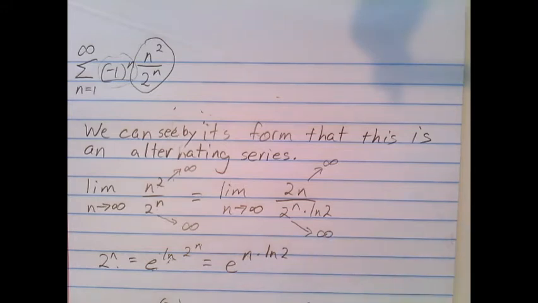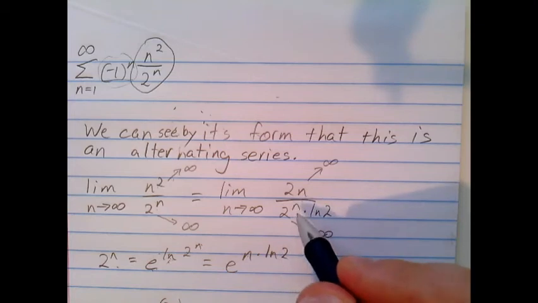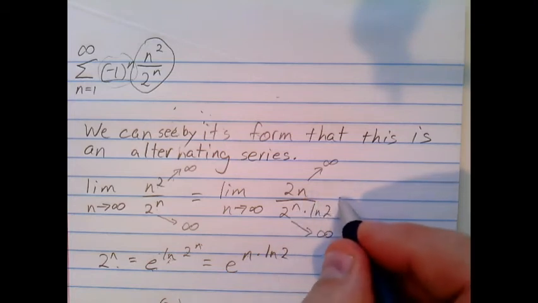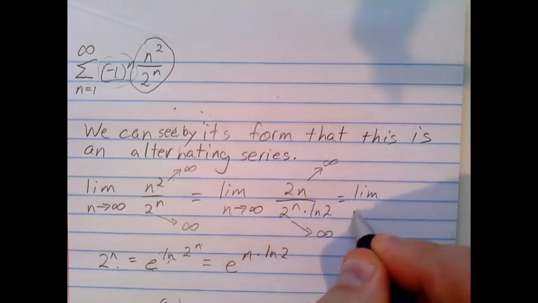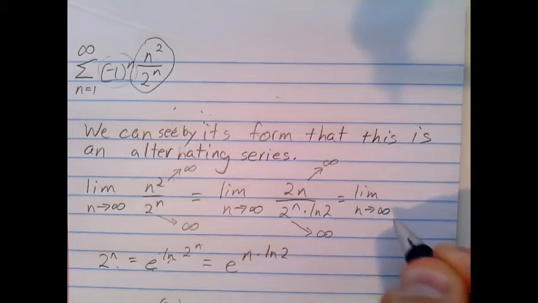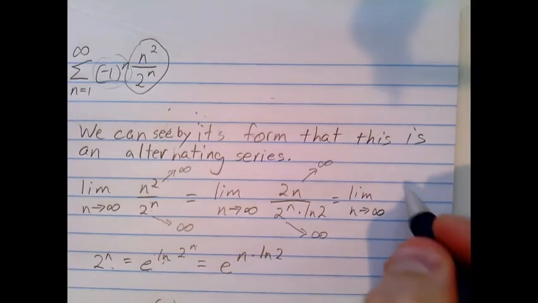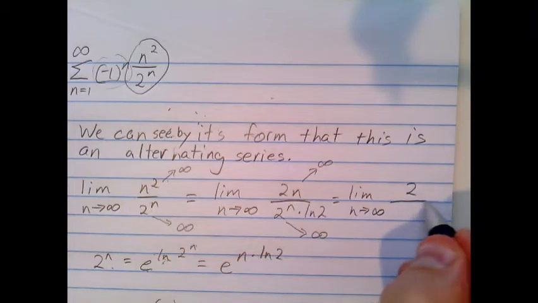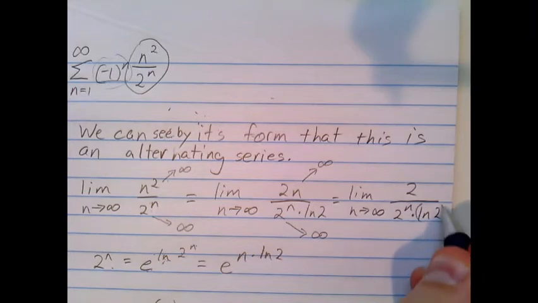So I can't resolve the limit yet, but if I apply L'Hopital's rule one more time, the top will become a constant, and then we'll be good to go. So, applying L'Hopital's rule one more time, this becomes the limit of just 2 over 2 to the n times, since I differentiate again, I'll multiply by natural log of 2 again, so I'll just square it.